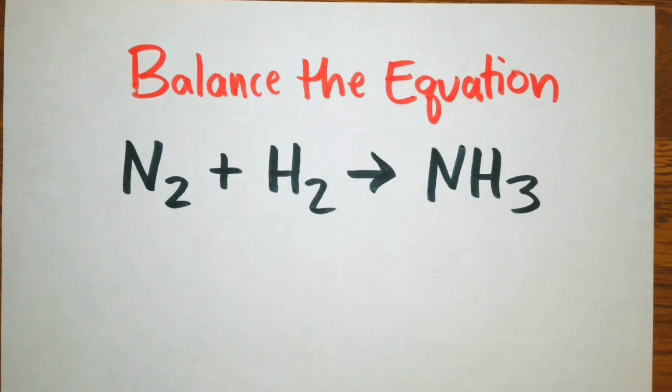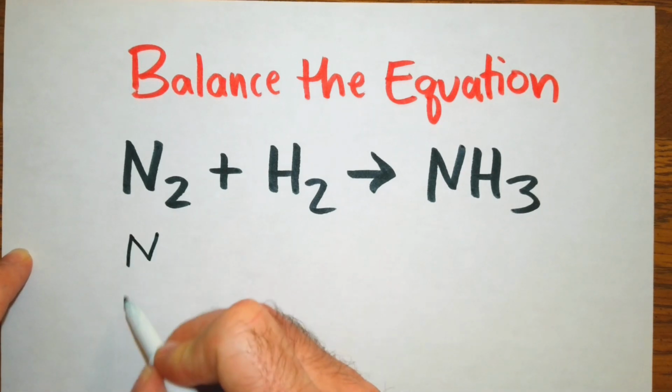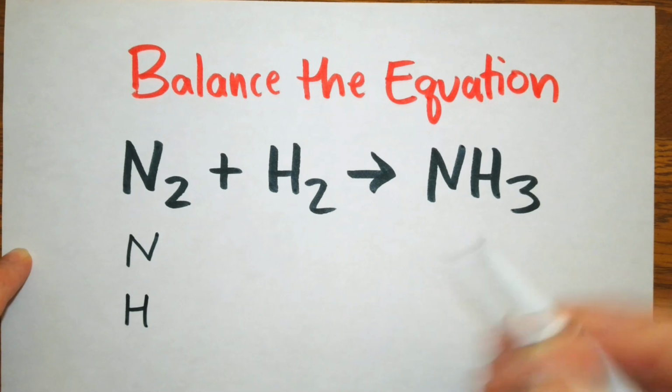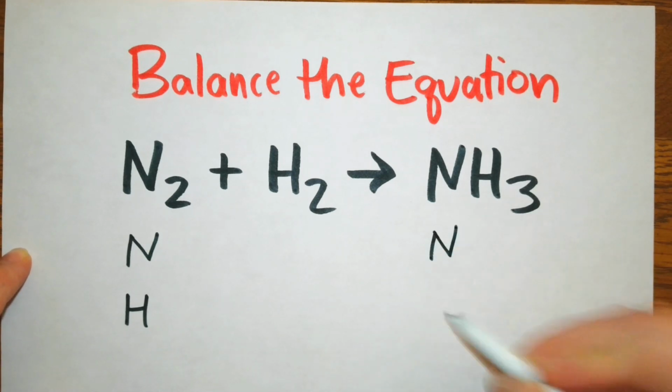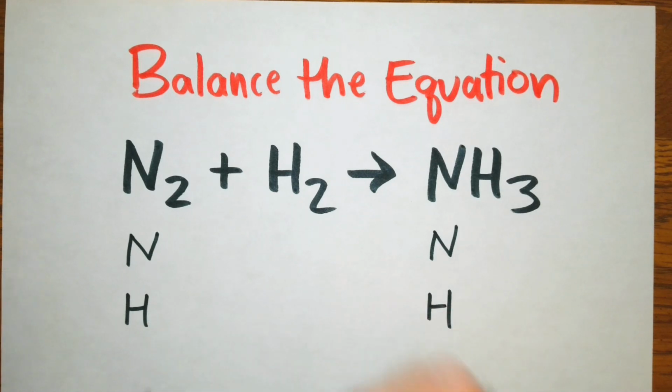So when I balance equations, what I like to do is I take both sides of the equations, and then I put the elements that we have on both sides. So we got nitrogen and we have hydrogen. Okay, after I do that, I just count the number of atoms on each side.